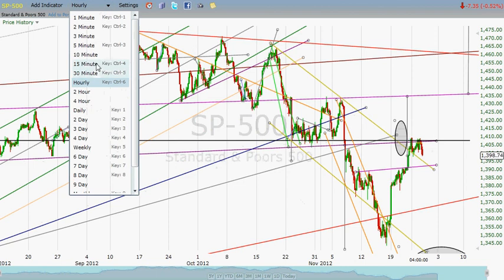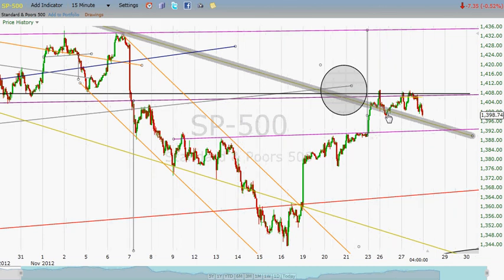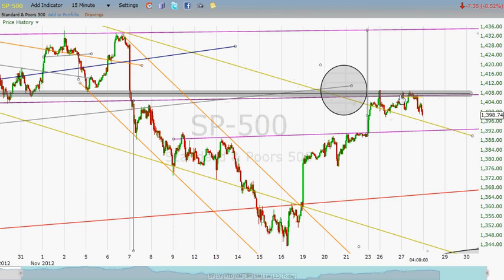Let's look at it on a 15-minute chart. Here we go. We had an attempt on Friday to get up to that neckline. It couldn't quite do it, came back down. At the end of the day on Monday, yesterday, another attempt to break that neckline.